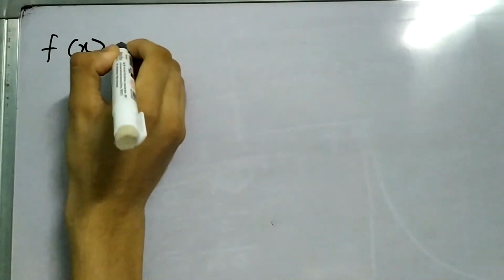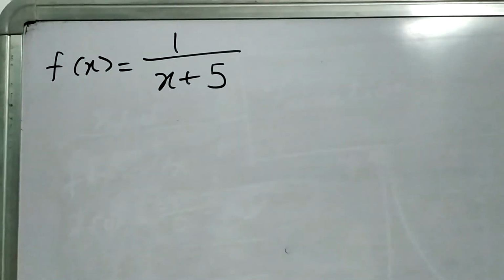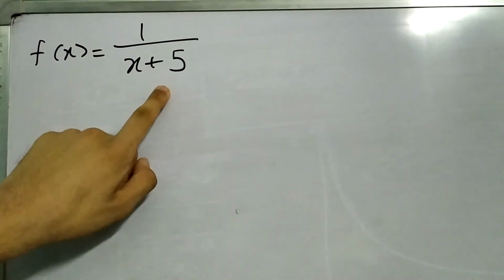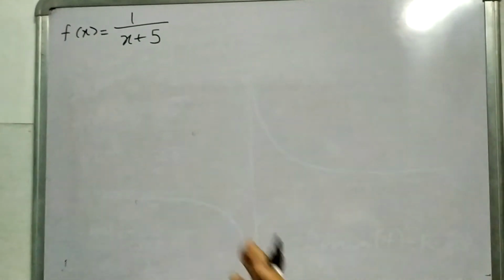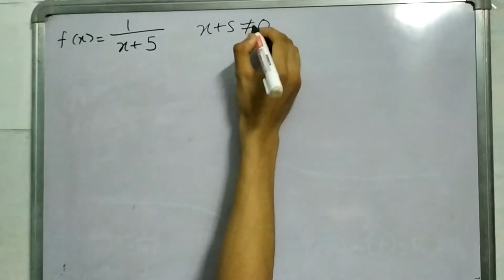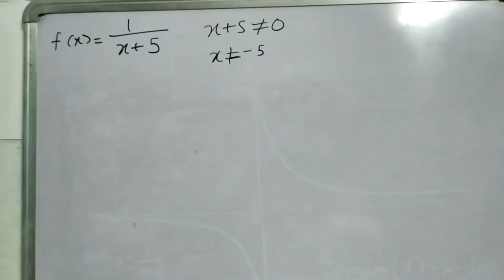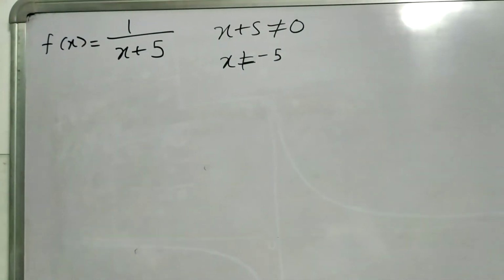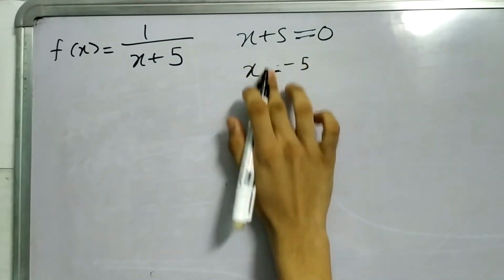Consider f of x as 1 upon x plus 5. Now again, the denominator should not be 0, otherwise it won't be defined. So x plus 5 should not be equal to 0. So x should not be equal to minus 5. Or you can say that, let x plus 5 be 0 and x is equal to minus 5.